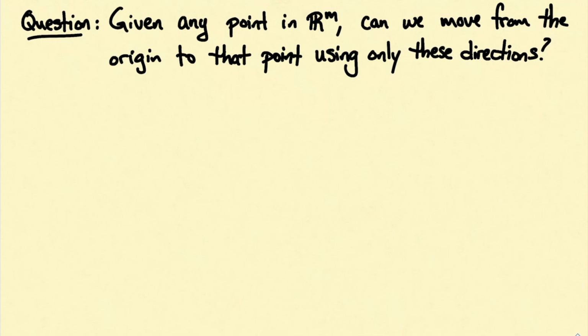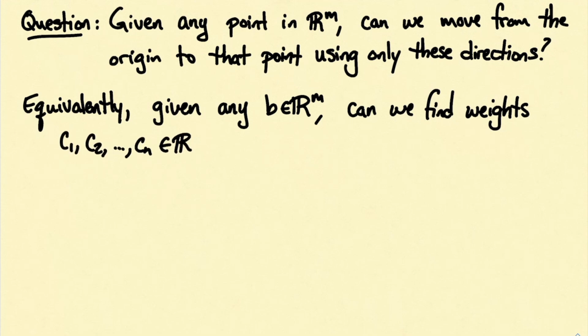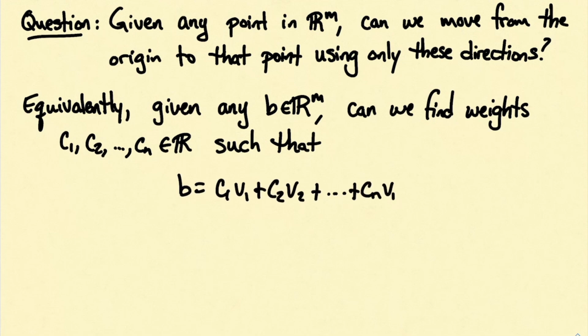We could actually formulate an equivalent question. Given any m-dimensional vector b, can we find weights c1 through cn such that b can be expressed as c1 v1 plus c2 v2 plus ... plus cn vn?